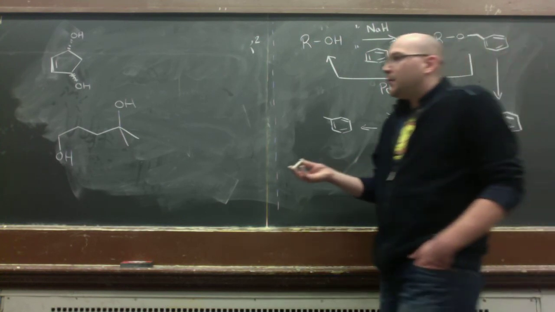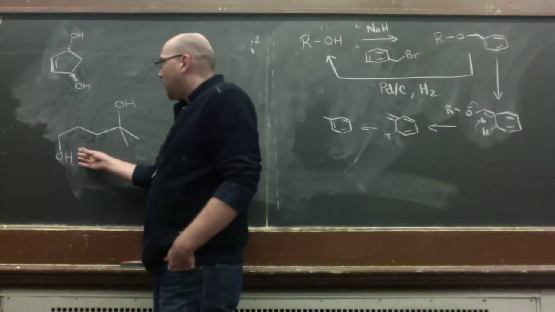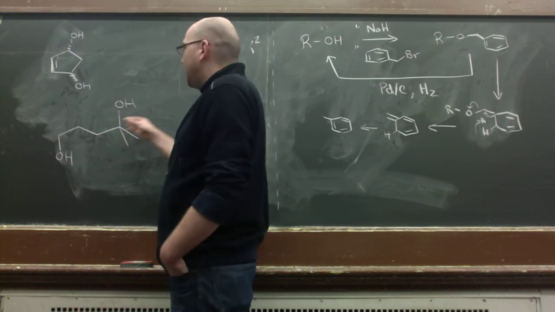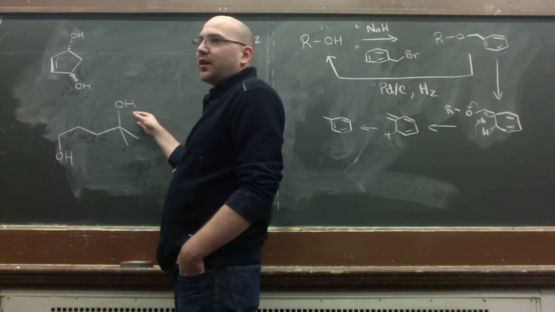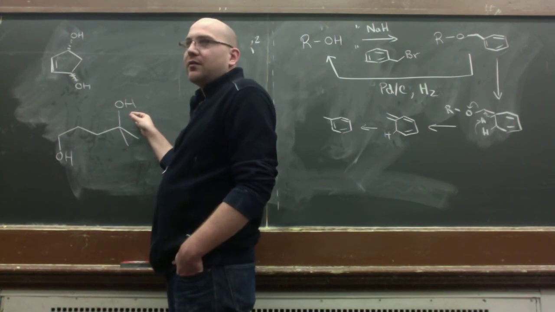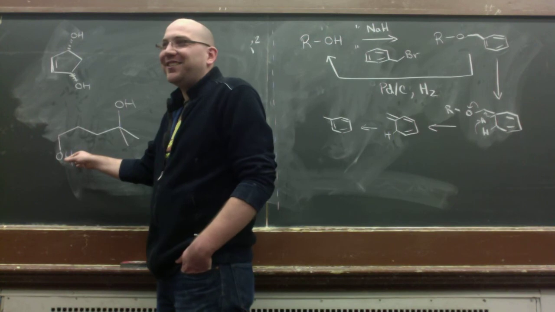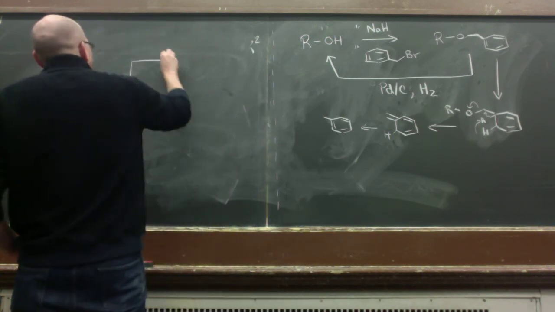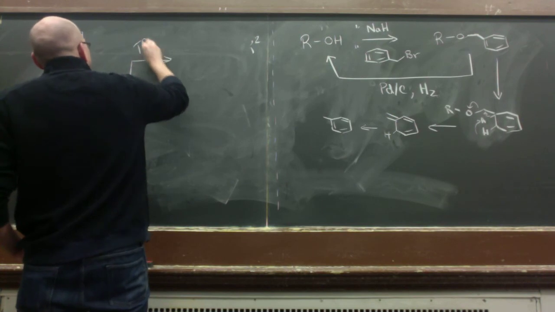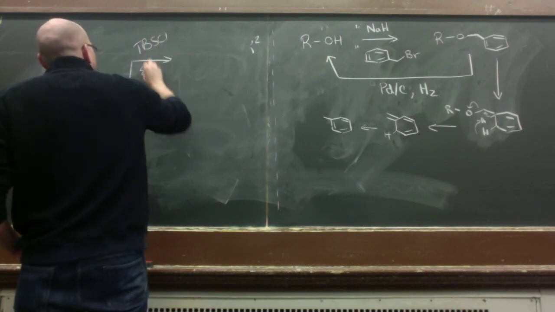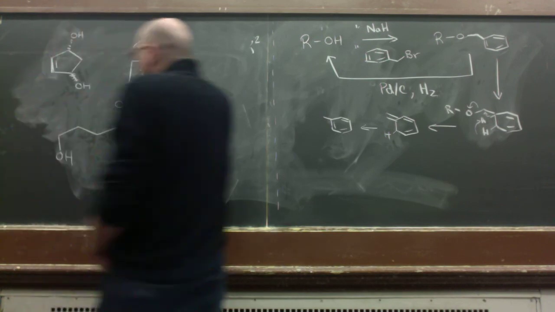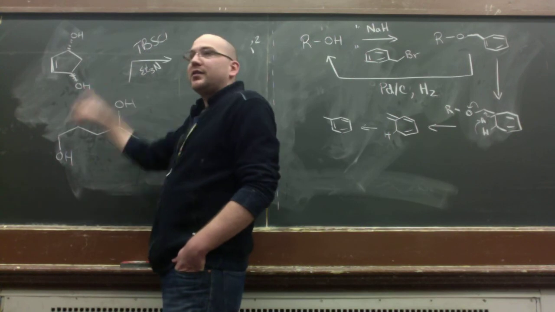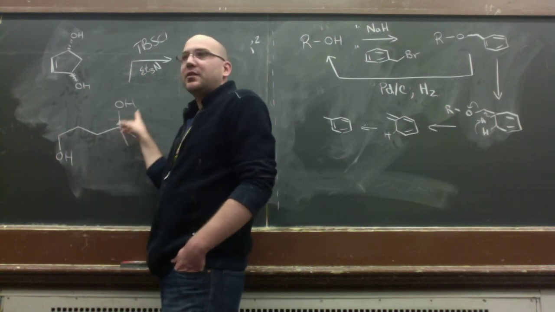If you wanted to protect one of these over the other, how might you protect this one selectively? We'll start with this one, maybe a little bit easier. Some bigger nucleophile, right? If you wanted to silylate this, and you used, say, TDS chloride and triethylamine, you would expect the big, bulky TDS group to protect there, because the other position is going to be very sterically hindered.